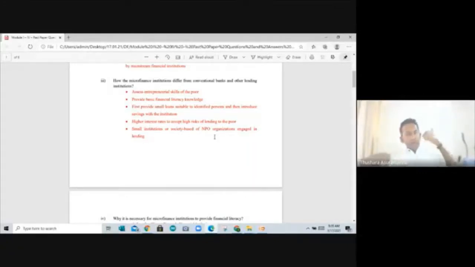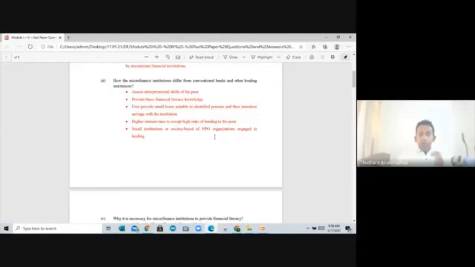We need to assess it because repayment and survival depend on it, since they don't have adequate security. If they are not good at entrepreneurial skills, they can't enhance their business to the next level. Not like SME, because SME is a bit different, versatile. They have learned something, so they can manage situations, but not these people.